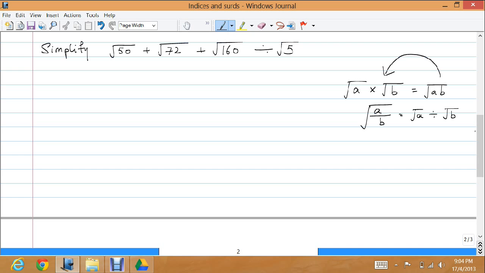In this example, simplify square root 50 plus square root 72 plus square root 160 divided by 5. The main strategy to simplify surds without the use of a calculator is to first re-express the numbers in terms of their prime factors.